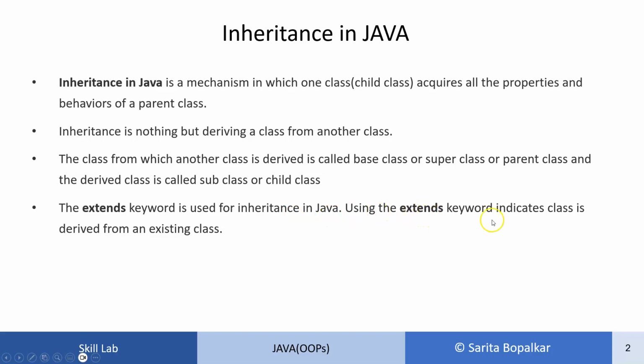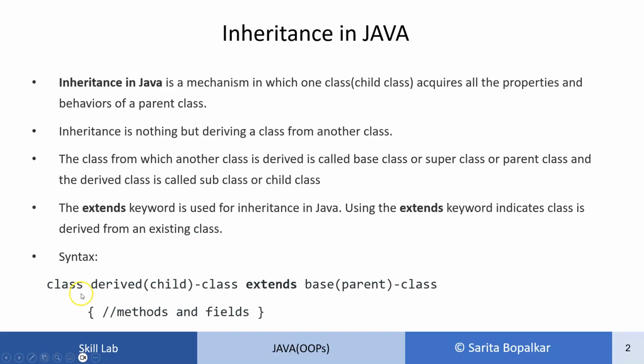Using the extends keyword indicates the class is derived from an existing class. Syntax for it: class, the name of the child class, the extends keyword, and the name of the base class. And here you can write the body of the derived class.